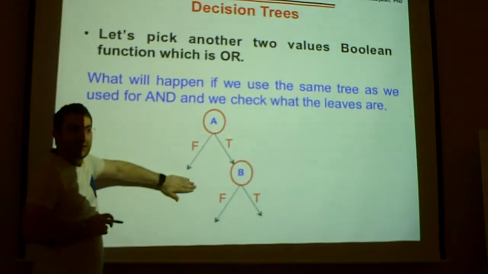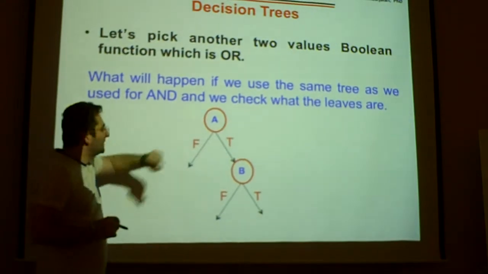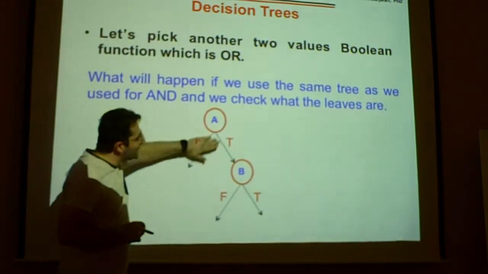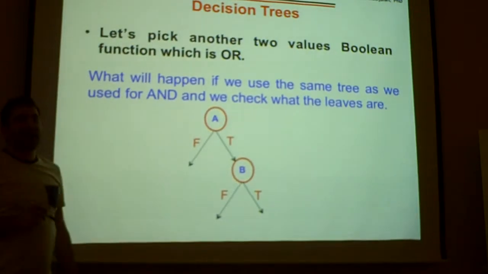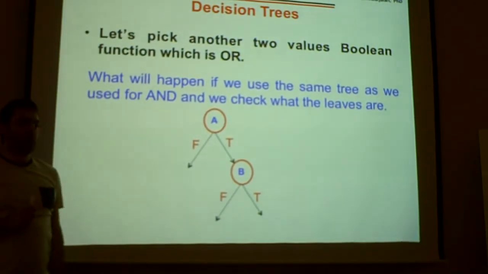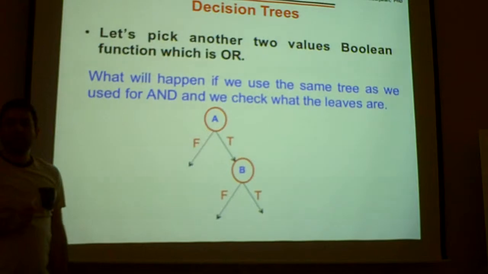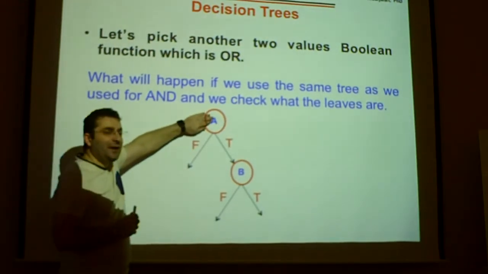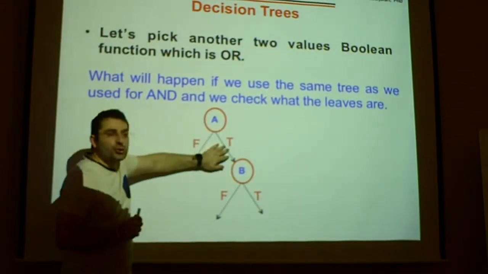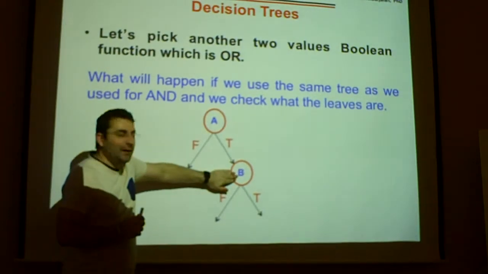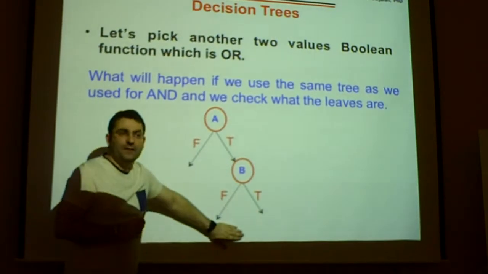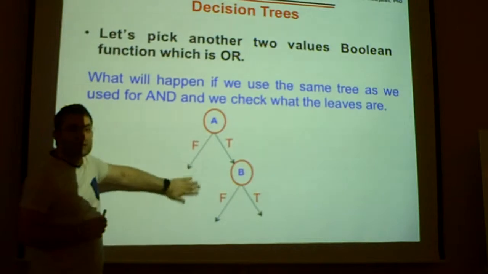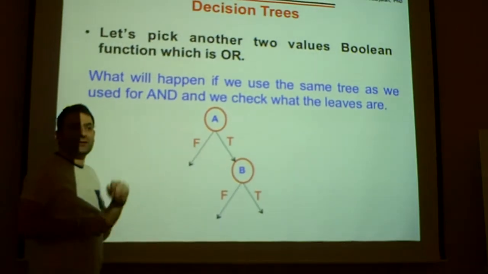I have to look at B because B can be true. In other words, if I am using exactly the same tree as I have in the AND, I cannot get to the conclusion, right? Look, if A is true, I can check at B and I can make a decision, right? And if A is false, I do not check anything, so I do not get to the result.